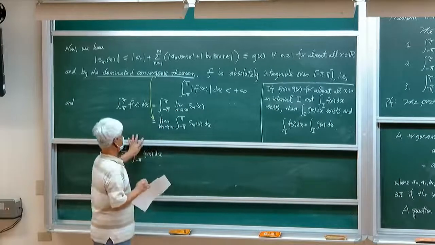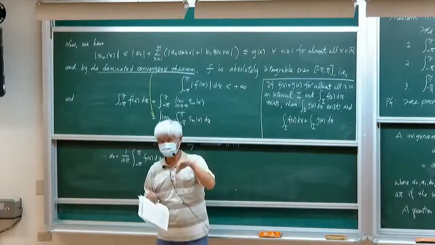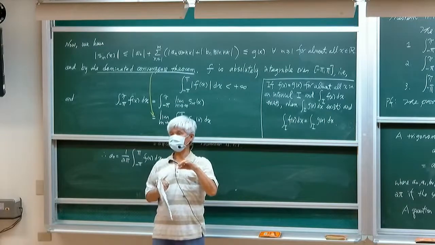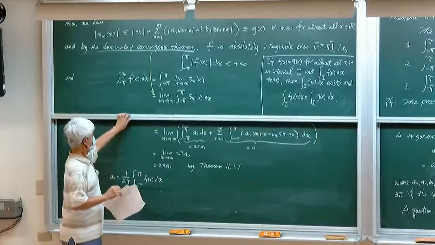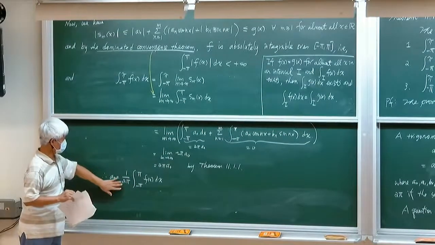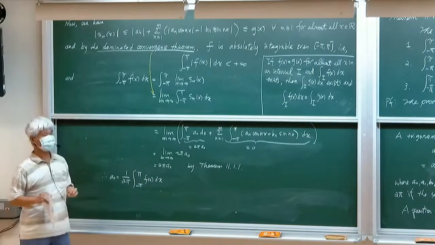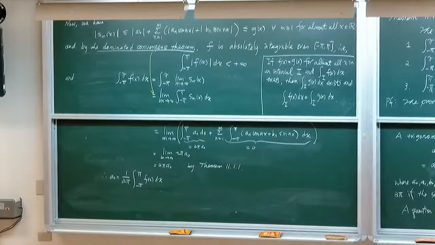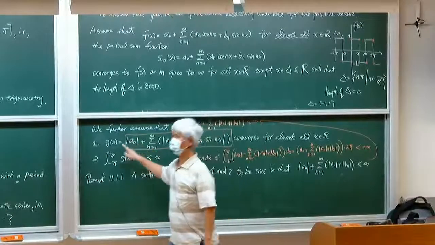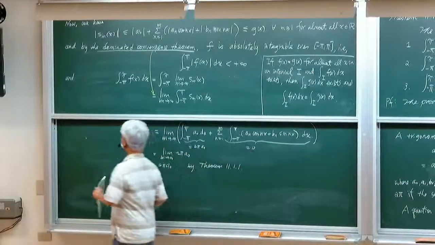So absolute integrability is stronger than integrability, as we see from calculus. So this integral exists because of the dominated convergence theorem, and also due to these 2 properties here, so we know how to find A0.